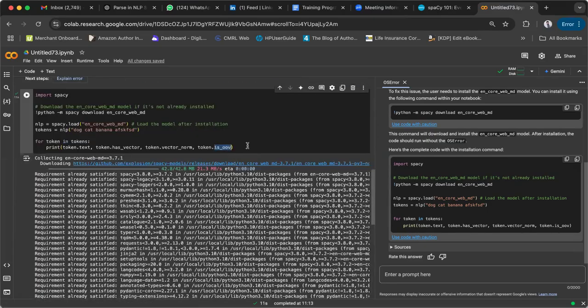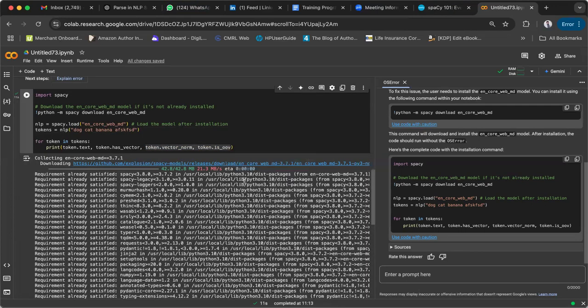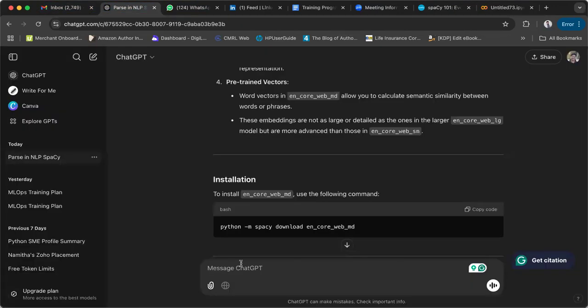Is there any other information? It's a normalized vector or OOV. What is this OOV?